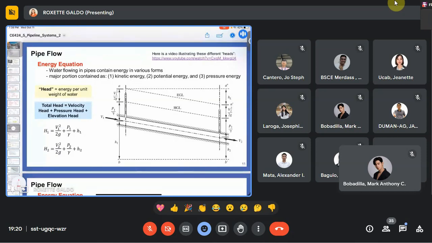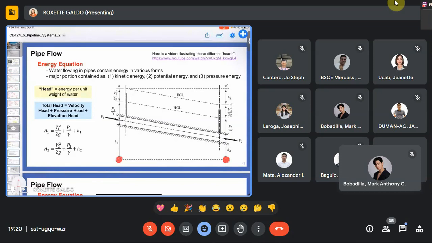The energy equation simply states that the energy from the initial point to the other end is going to be the same, because energy cannot be created or destroyed. It can only be transformed.